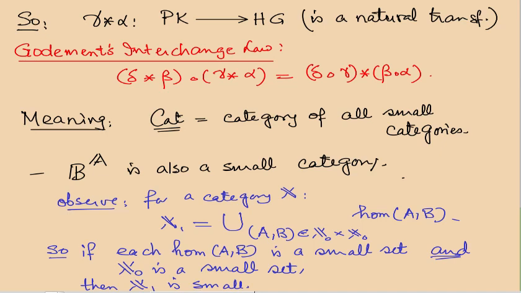Why? Because a small union of small sets has to be small. Yeah? Union of small sets is small. Yes? So that's the whole argument.